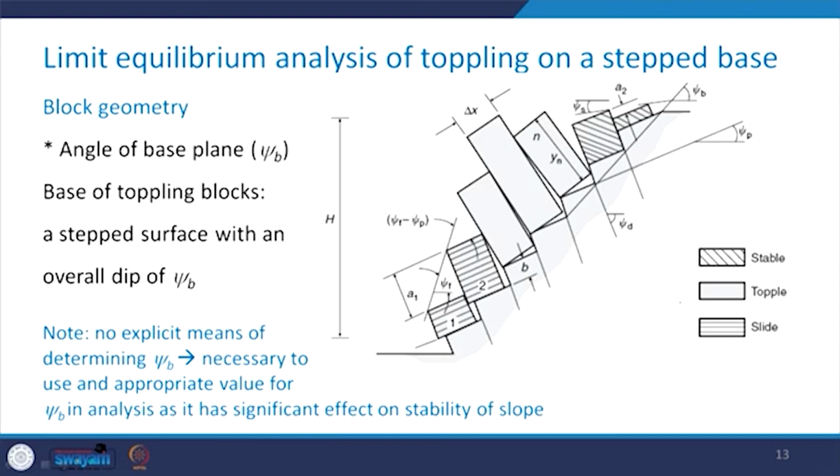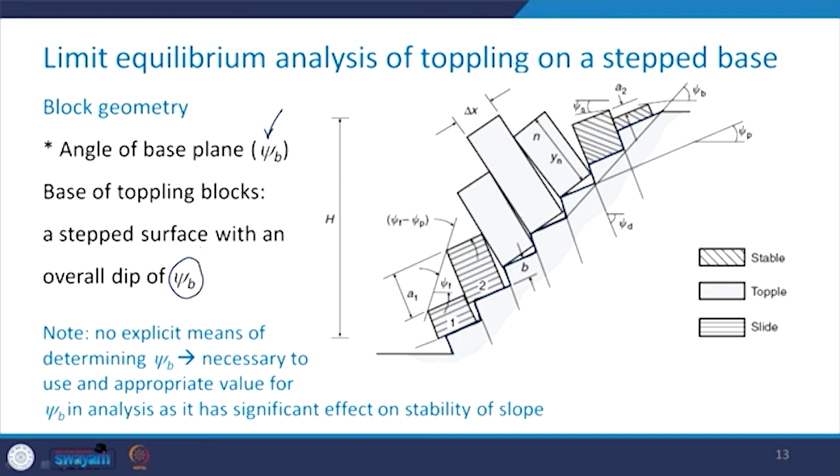The angle of the base plane is represented by psi b. You can see in this figure that the base of these toppling blocks is a stepped surface, with an overall dip of psi b.